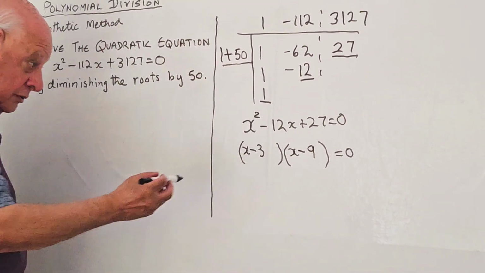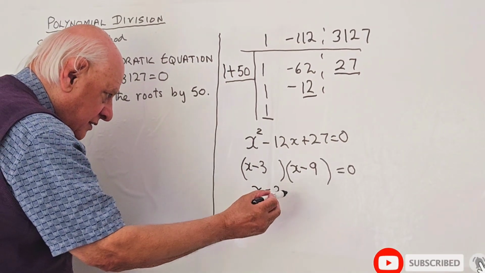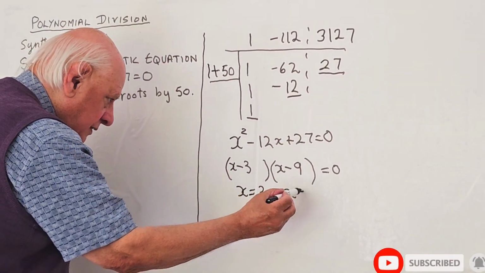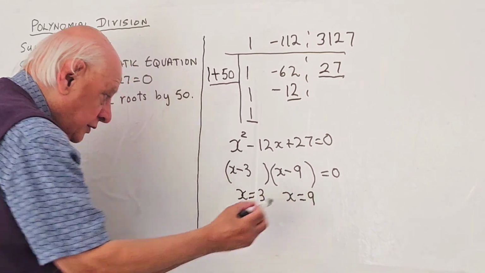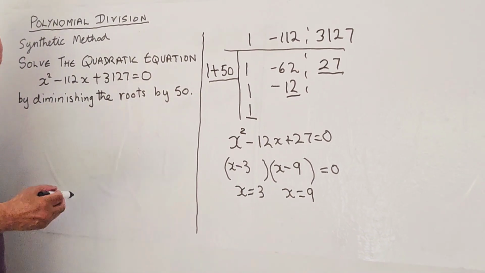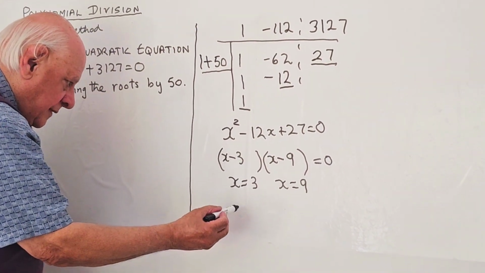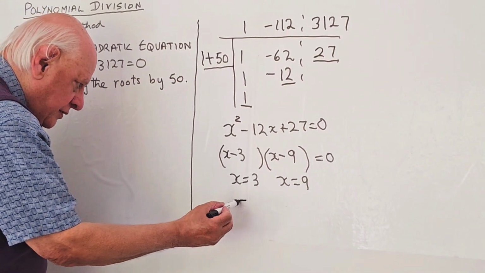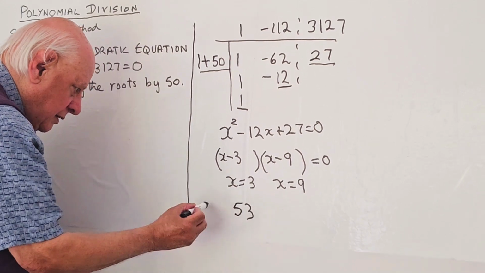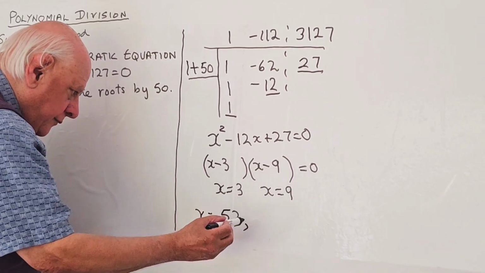So the roots here are x is 3 and x is 9. So the original roots are 50 bigger than that, because we diminished the roots by 50. So our actual answer is 3 plus 50, which is 53, or 59.